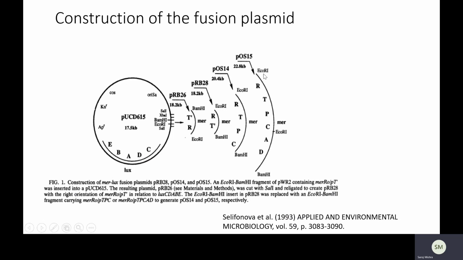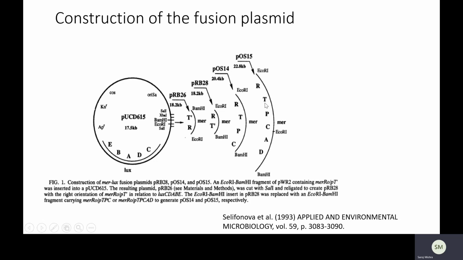And in this particular construct, which is POS 15, you see the entire mercuric operon, including the C, A, D, all the genes which are even going to code for reducing the mercuric ions into mercury.